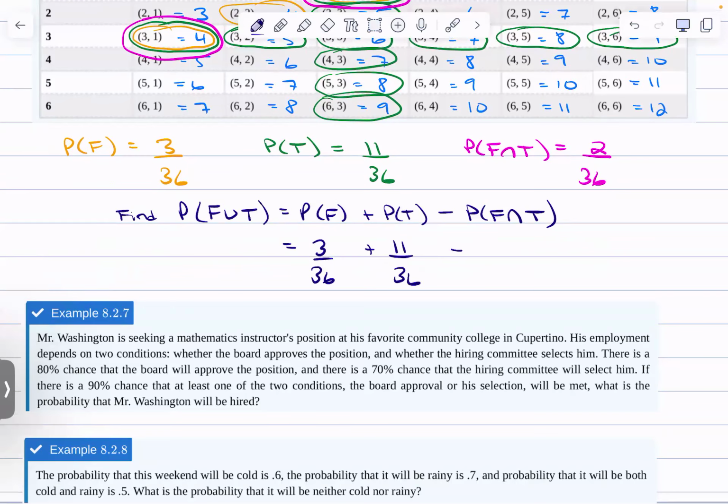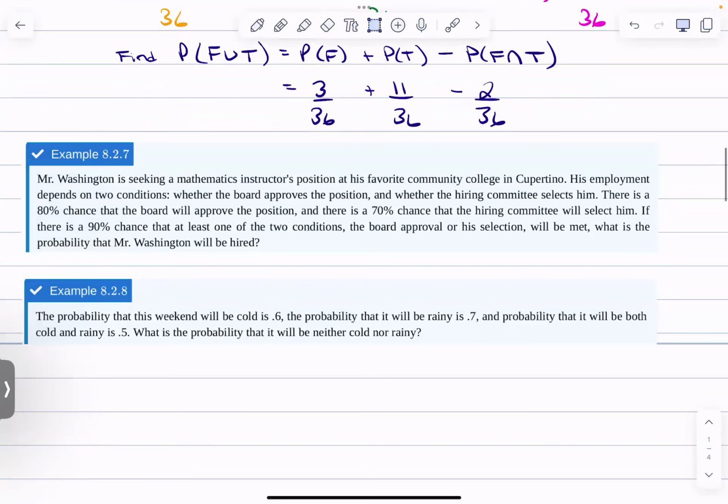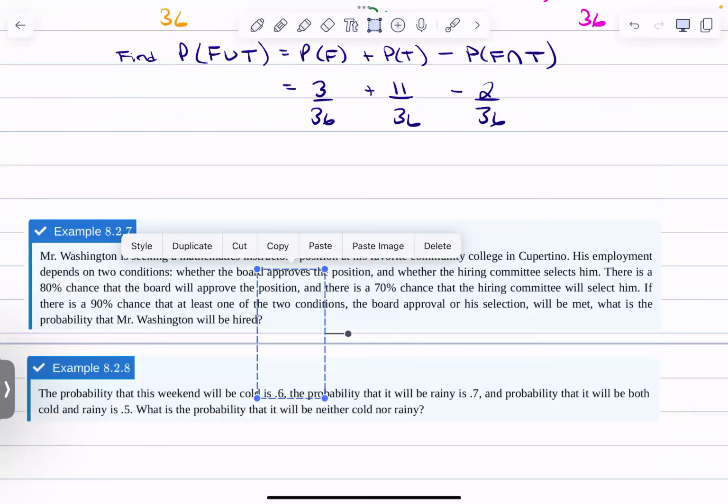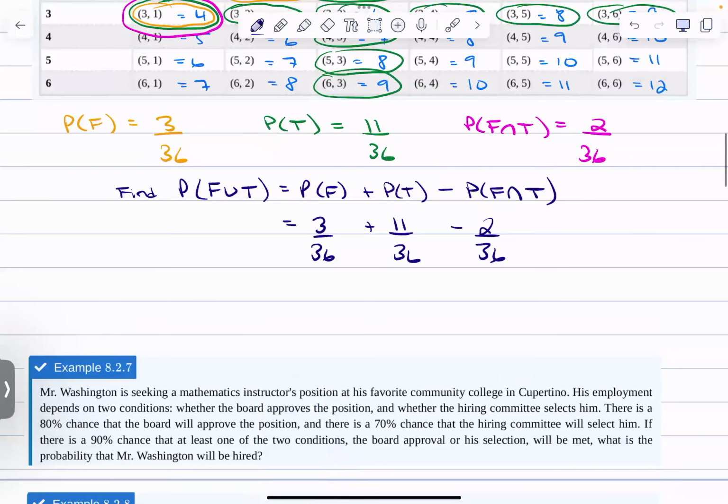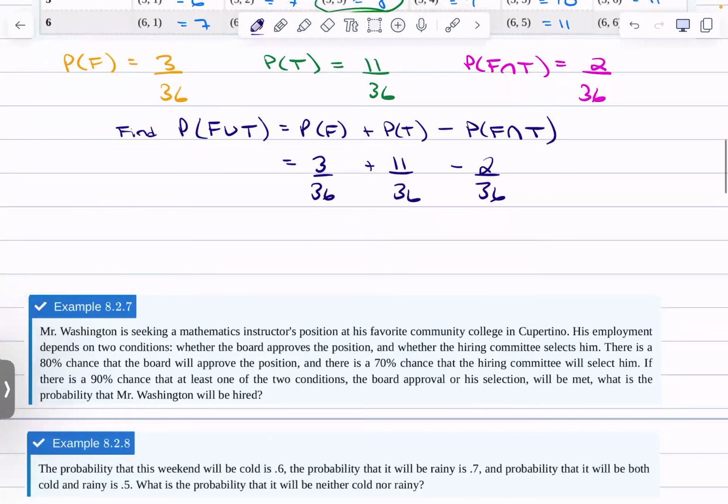And probability of F and T is 2 over 36. Now, because I have a common denominator, it'll be cleaner to just keep it as a fraction. If you're not comfortable working with the fractions, you can absolutely turn them into decimals. As long as you keep a good chunk of decimal places, like 4 or 5, I would say, just in case, right? But I'm going to keep it as a fraction just because we can.